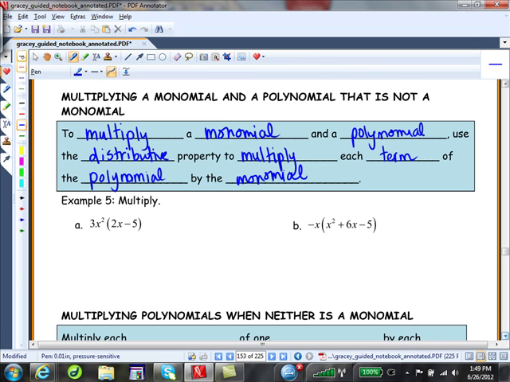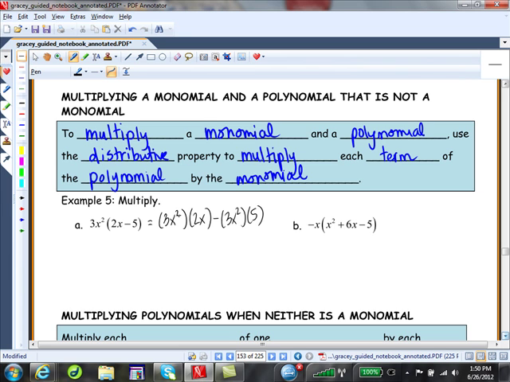Okay, so here we go. 3x squared times the quantity 2x minus 5 gives us 3x squared times 2x minus 3x squared times 5. So notice what I did here, guys, is that each of these terms is like a problem we did in the last example, right?